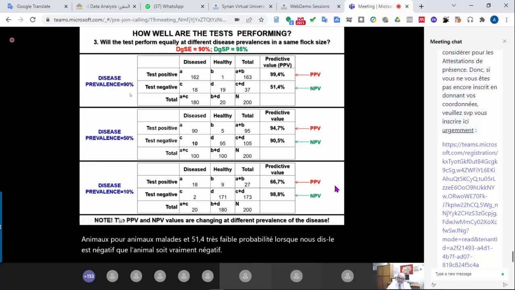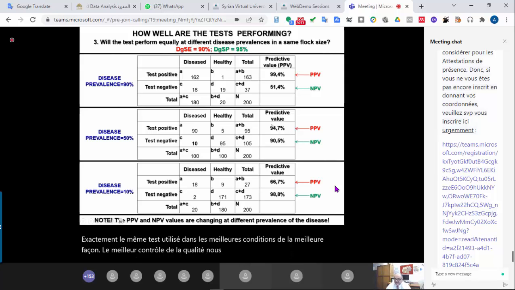But if we suppress the disease, we eradicate, we remove the sick animals, and we achieve 50% prevalence, exactly the same test used in the best conditions, in the best way, with the best quality control, will give us this result.